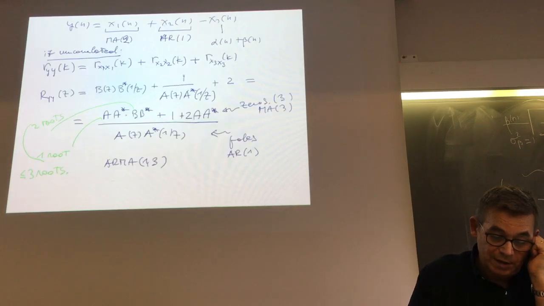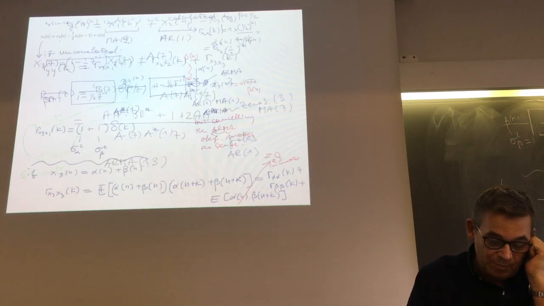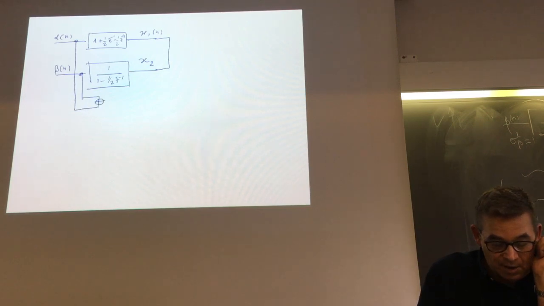Now looking at the formula, it is x1 plus x2 minus x3, and x3 was alpha plus beta. So x3 is summing alpha and beta.